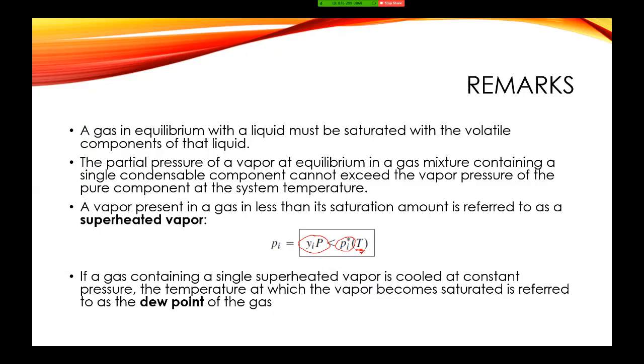The dew point is called dew because dew is like a fine drop of the liquid, right? So you have seen it many times with air and temperature. For example, if you are, let's say, in January here in Mexico City, where the temperatures go around 5 degrees Celsius, you have a lot of water in the air, so you have a superheated vapor because you are not at the vapor pressure of water.